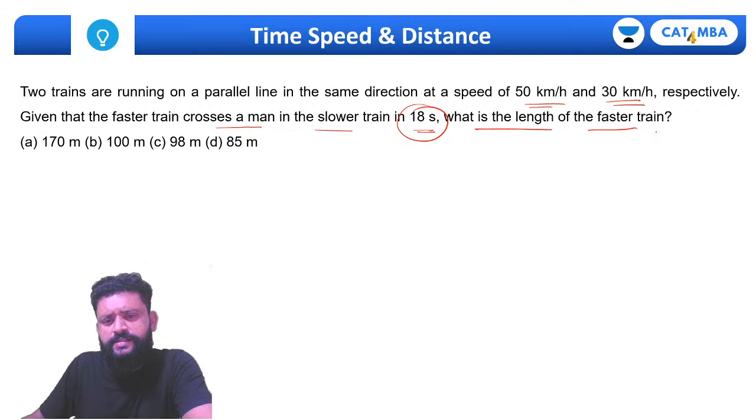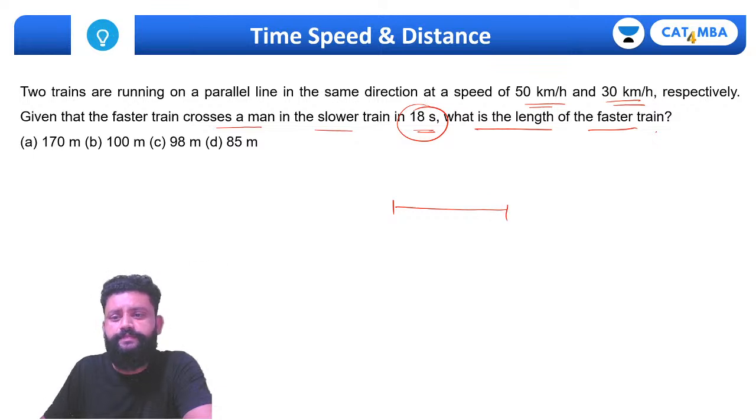A bit tricky to understand, but once you comprehend the question, that's really easy. So let's say the faster train is going with the speed of 50 km per hour, that is given over there, and a slower train, we don't know the length of the slower train.